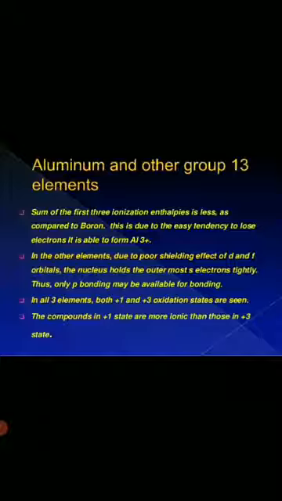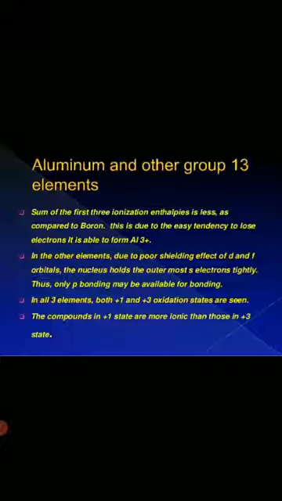Students, for aluminium and other group 13 elements, the sum of the first 3 ionization enthalpies is less as compared to boron. This is due to the easy tendency to lose electrons, and it is able to form Al3+. In other elements, due to the poor shielding effect of d and f orbitals, the nucleus holds the outermost s electrons tightly. Thus, only p bonding may be available.